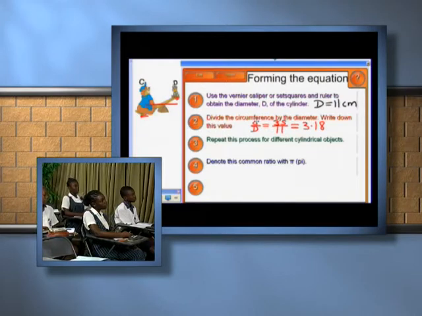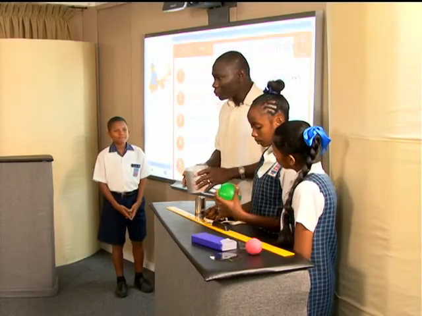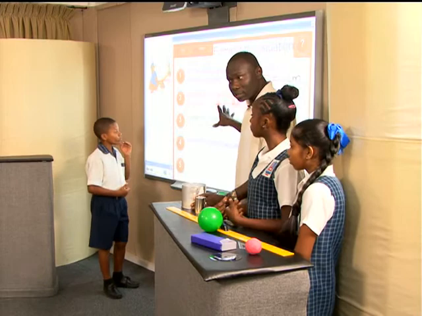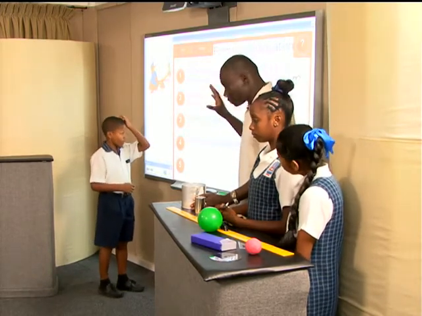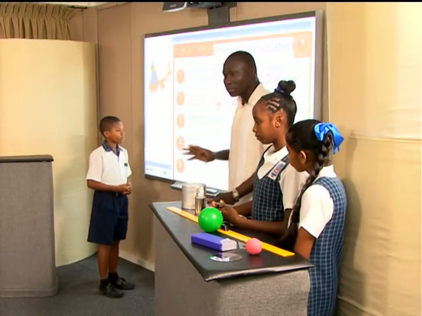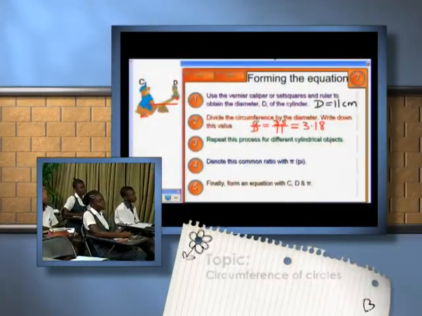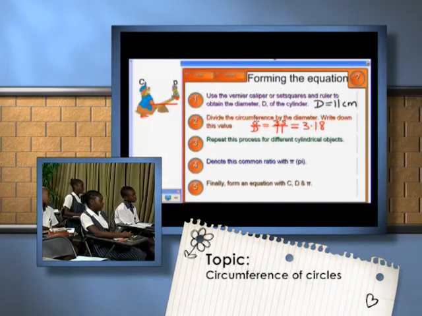Even if we use this one, if we divide the circumference by the diameter, we're going to have a value somewhere nearby 3.18, right? For all circles. That's a special property about all circles. All right? And we have a final instruction. And now we form the equation.